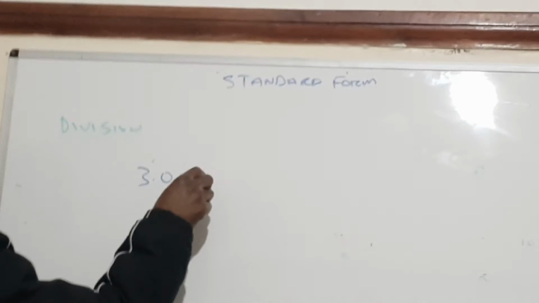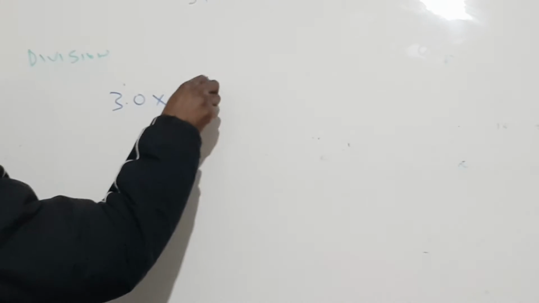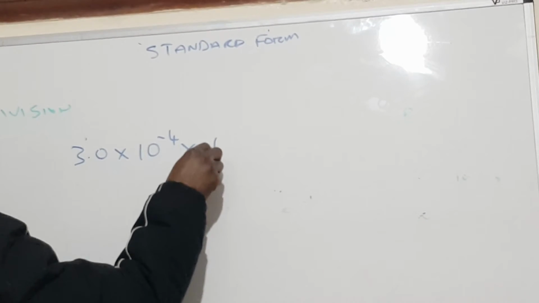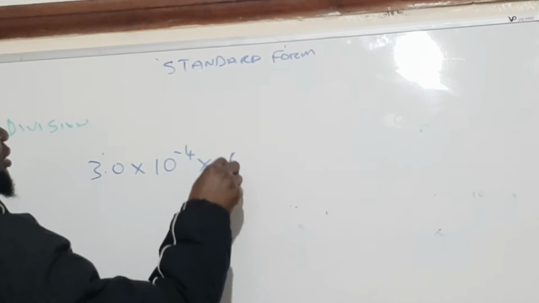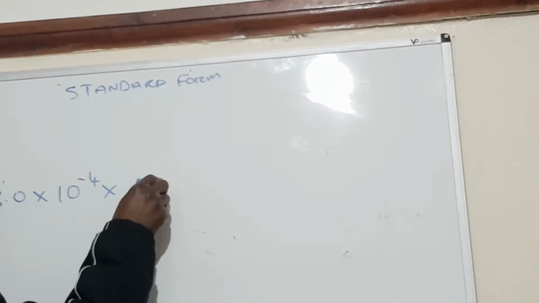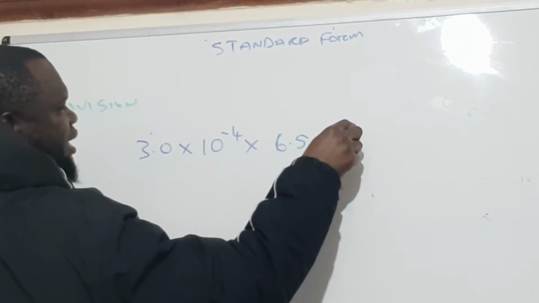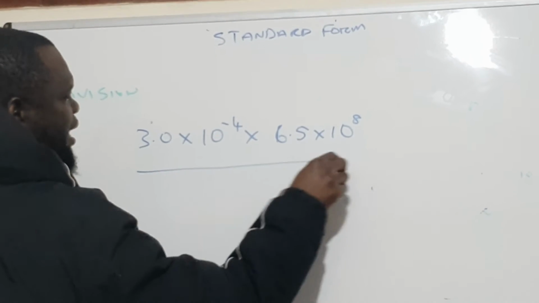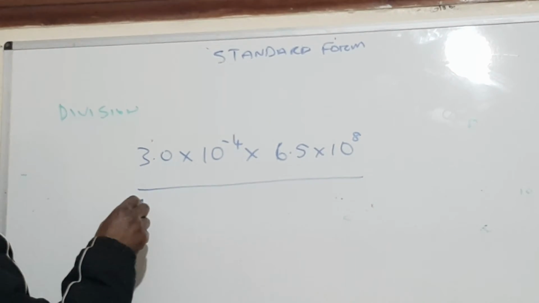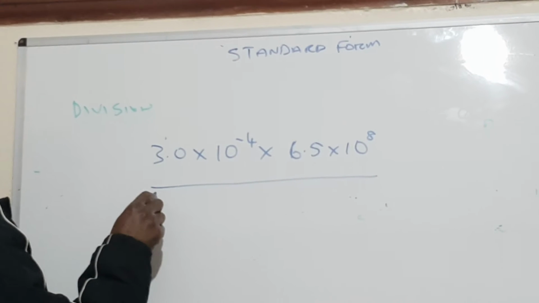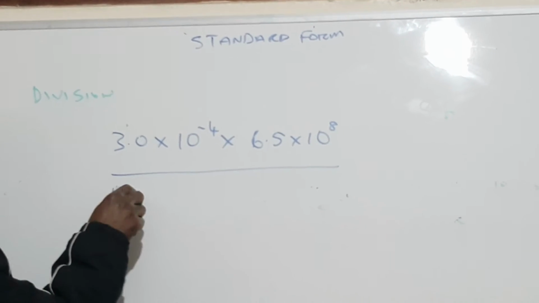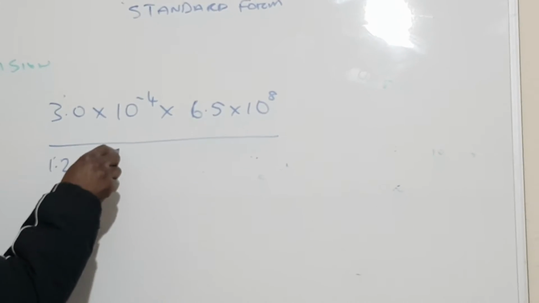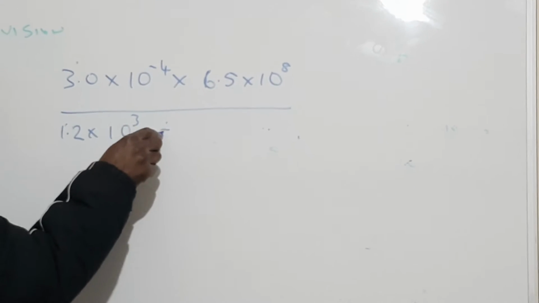3.0 times 10 to the power minus 4 times 6.5 times 10 to the power 8, divided by 1.2 times 10 to the power 3 divided by 4.0 times 10 to the power 5.